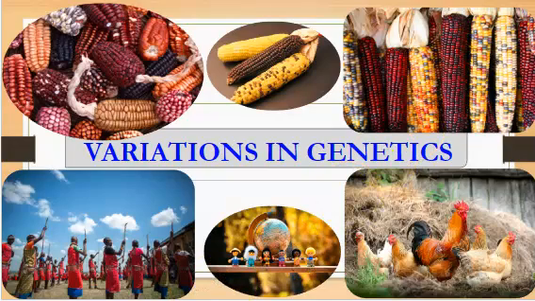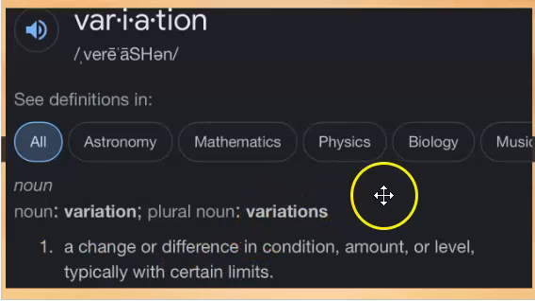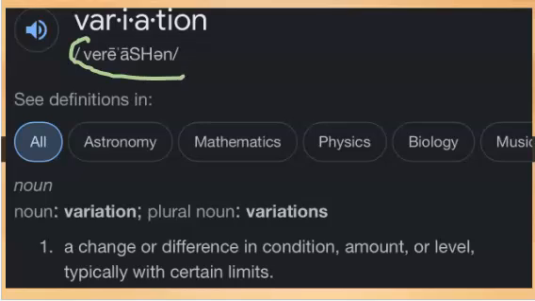So, the word variation. Let's just call it variation. Simply put, generally, it refers to a change or a difference in condition, amount, or level, typically with certain limits. That's the basic general definition of variation.